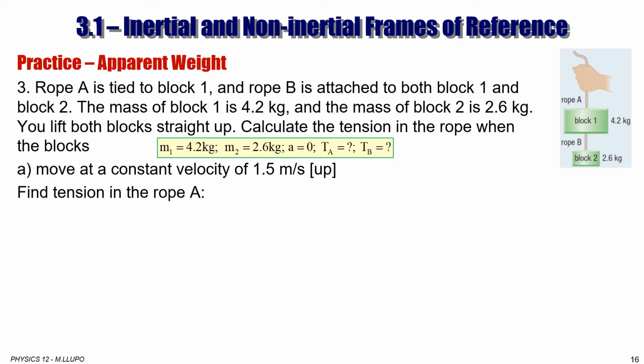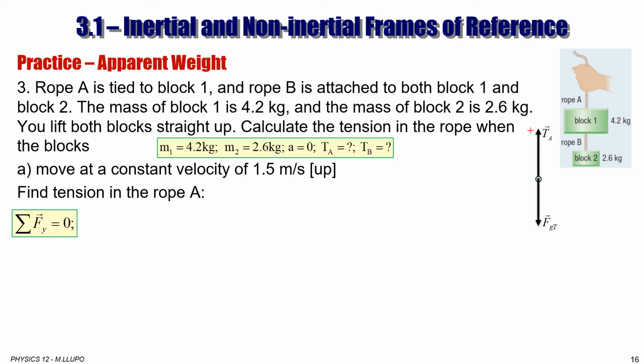Okay, so we can draw a free body diagram that includes rope A. So rope A is pulling both block 1 and block 2. That's why it's easier to actually draw a force of gravity for both of them, both masses. Now, choose a positive direction because it's moving up.